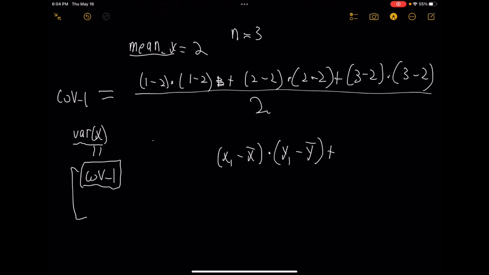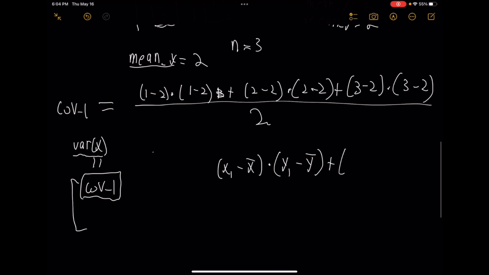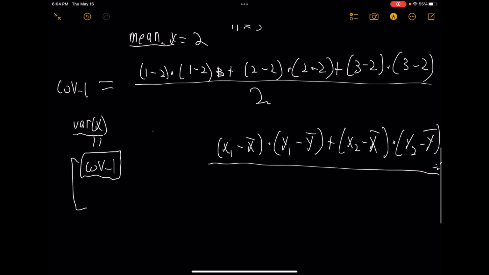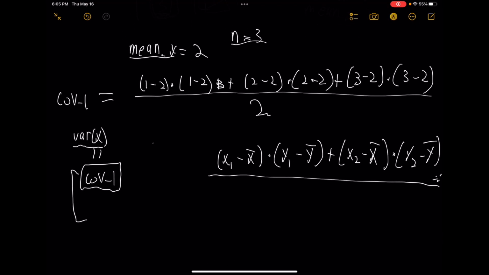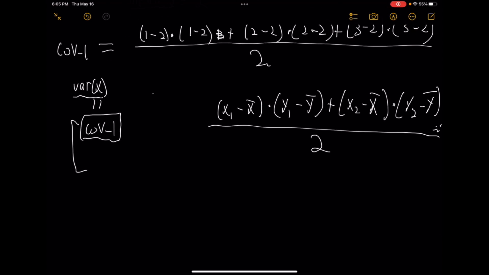And then we'd continue doing this for all the values in our data set. So this would be x2 minus x hat times y2 minus y hat, and so on and so forth. I don't really have enough room to show the rest of it, but you do that one more time with basically these numbers right here. And then, so we know n equals 3, so we could put a 2 down here. And that would give us the covariance if we actually plugged in all those numbers. So we'll say this equals cov underscore 2.